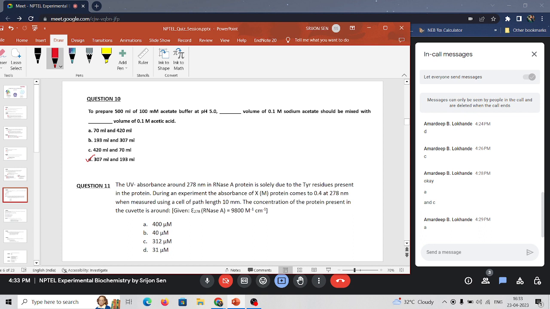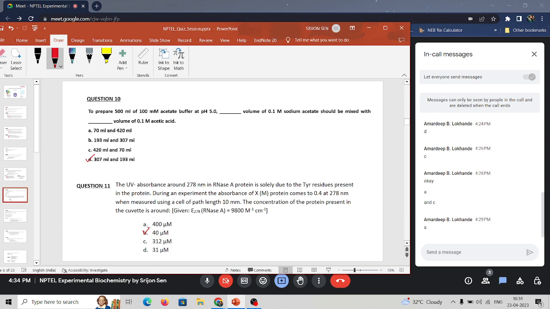So it is 0.4 divided by 9800 molar inverse centimeter inverse, and the 10 millimeter is equal to 1 centimeter. So ultimately it is 0.4 divided by 9800. That is 4 into 10 to the power minus 1, and here it is around 10 to the power 4. So how much is it coming? It is coming out to be 40 micromolar.